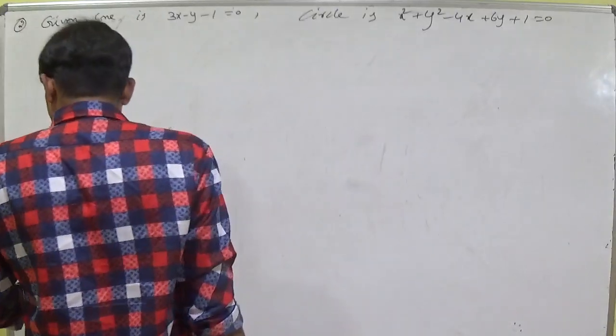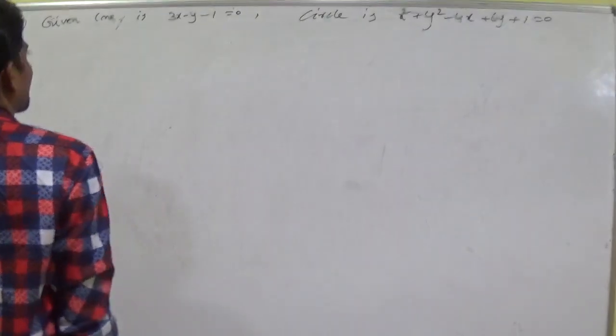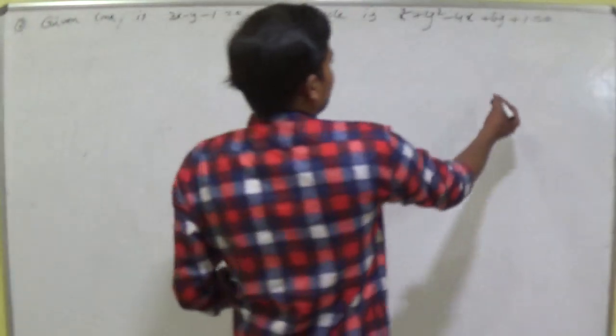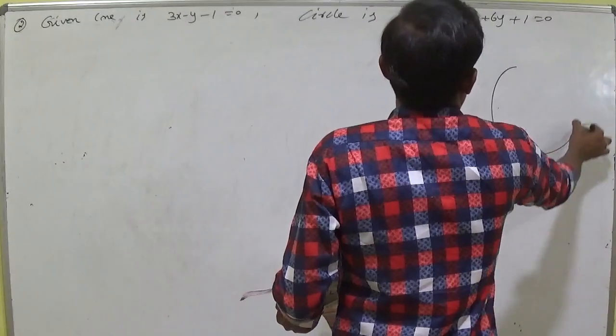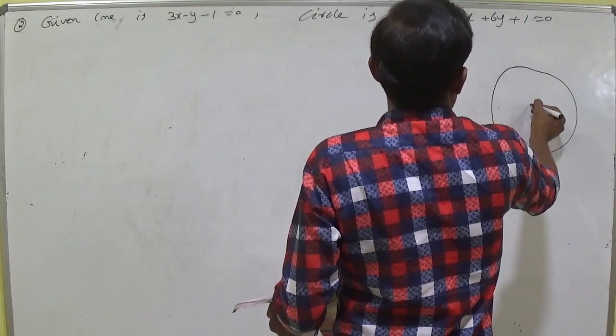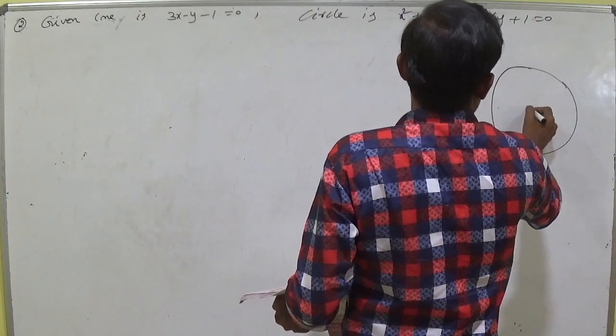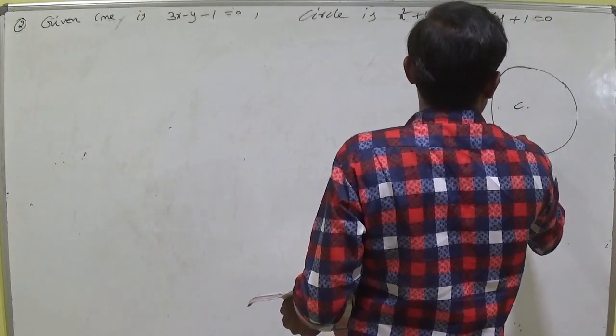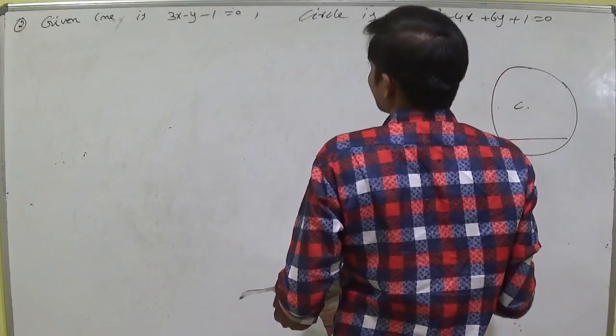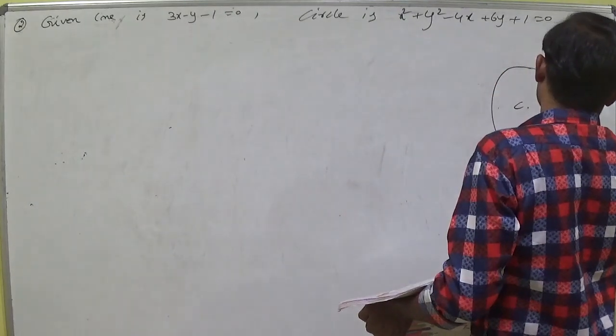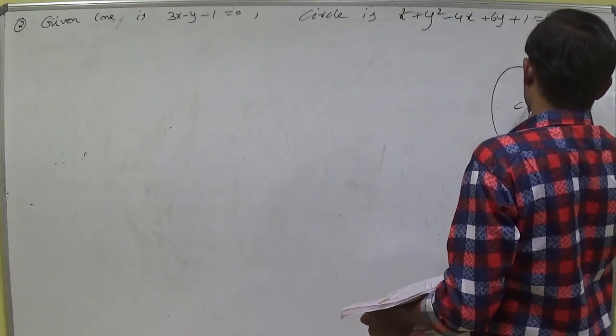Then the midpoint we need. Suppose circle which is center C, suppose chord, the midpoint we need.